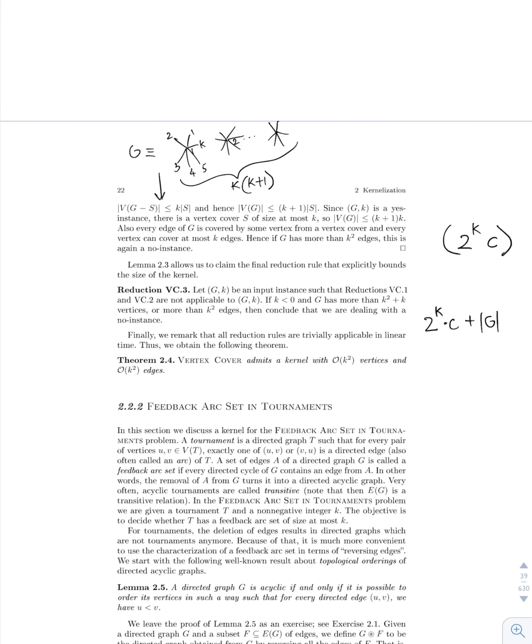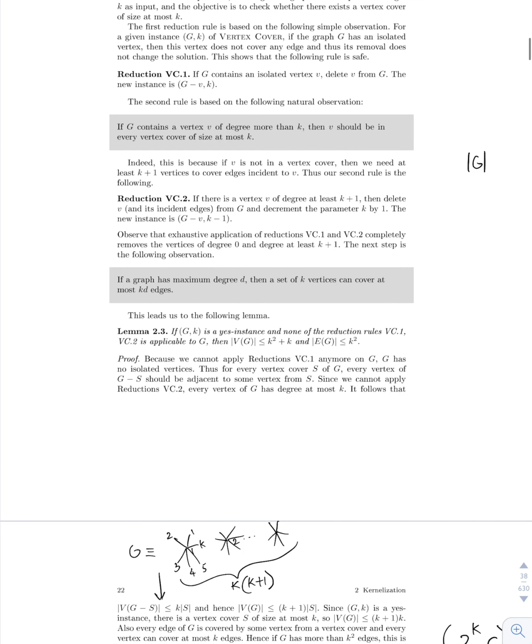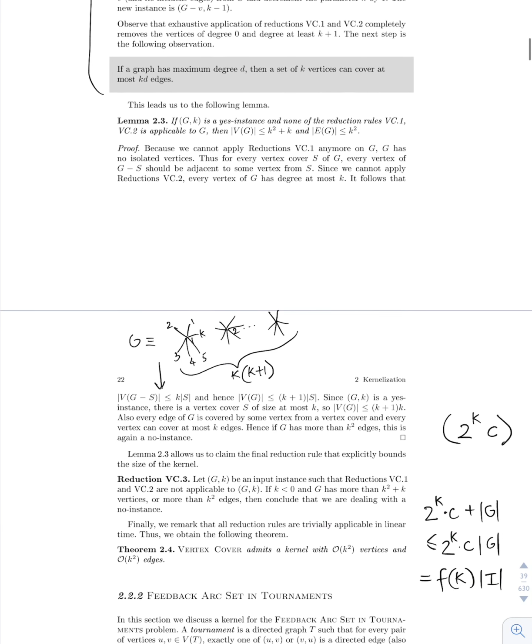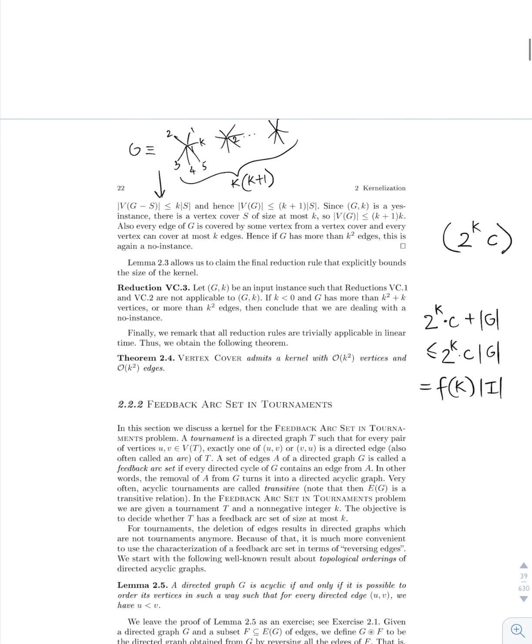One second, let me explain. This is less than or equal to 2 to the power k times c times the size of G, and since G was my instance, it is basically equal to f of k times my instance size. And it could be some polynomial in G as well. So the whole process of applying these rules could have taken some polynomial time, so I also have a constant c dash.